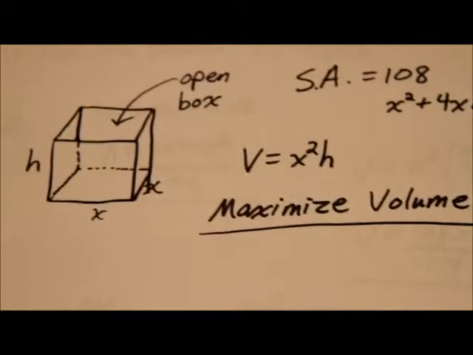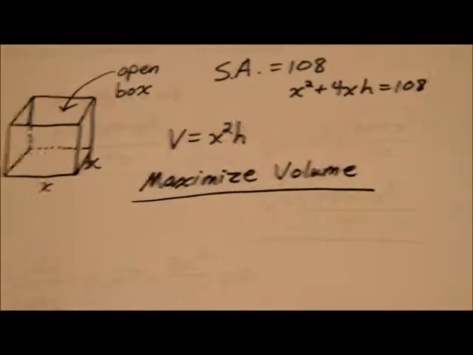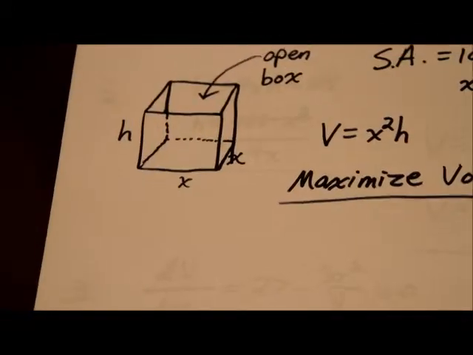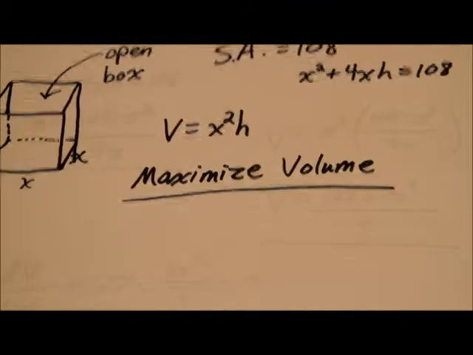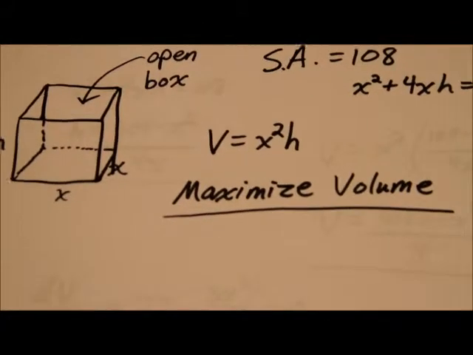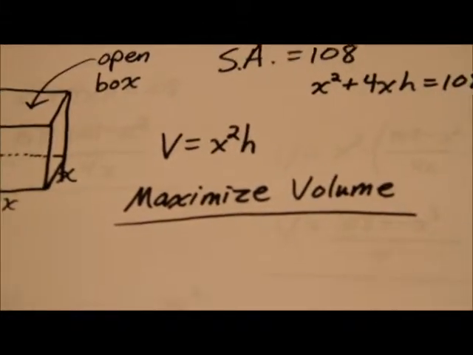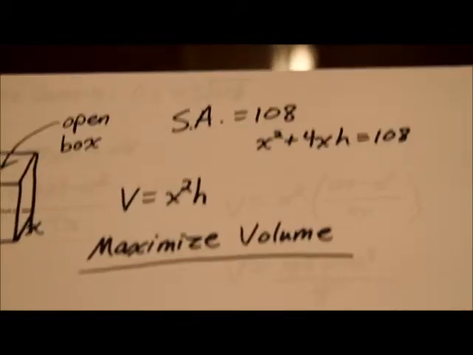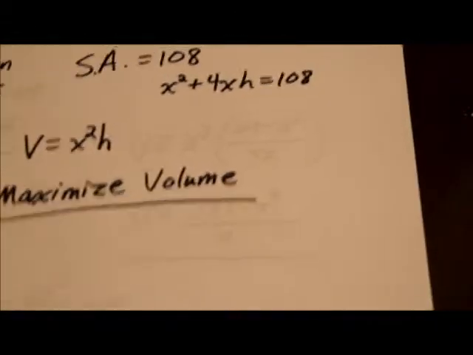And so you know that that is going to be x squared plus 4xh, because the x squared is the base and then 4xh is each of the sides. And you also know that the volume is going to be x squared times h. Your goal is to maximize the volume with only a surface area of 108.